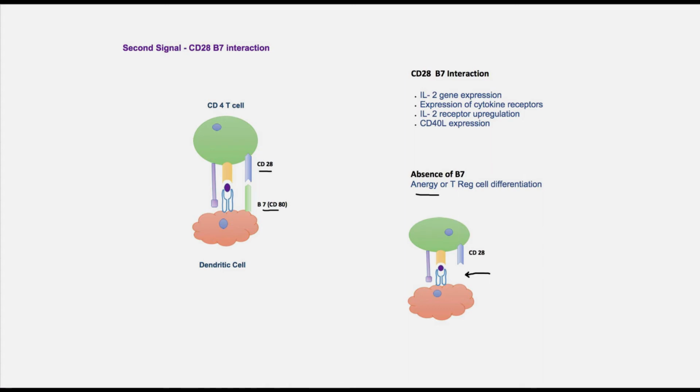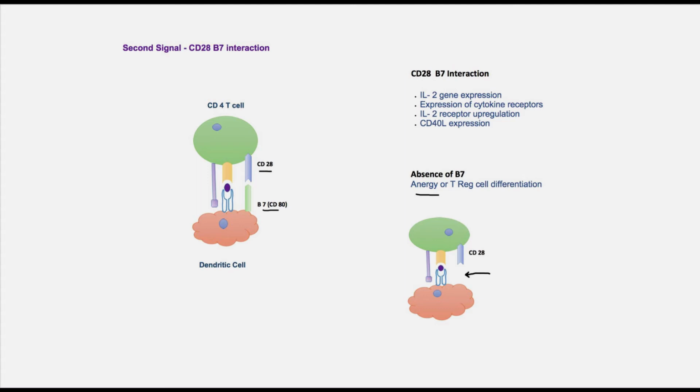Absence of B7 can also lead to differentiation of regulatory T cells and tolerance to antigen present on HLA molecules. Although there are other co-stimulatory signals present as well, as CD28 is present on naive CD4 T cells, this is one of the first and important co-stimulatory signals.